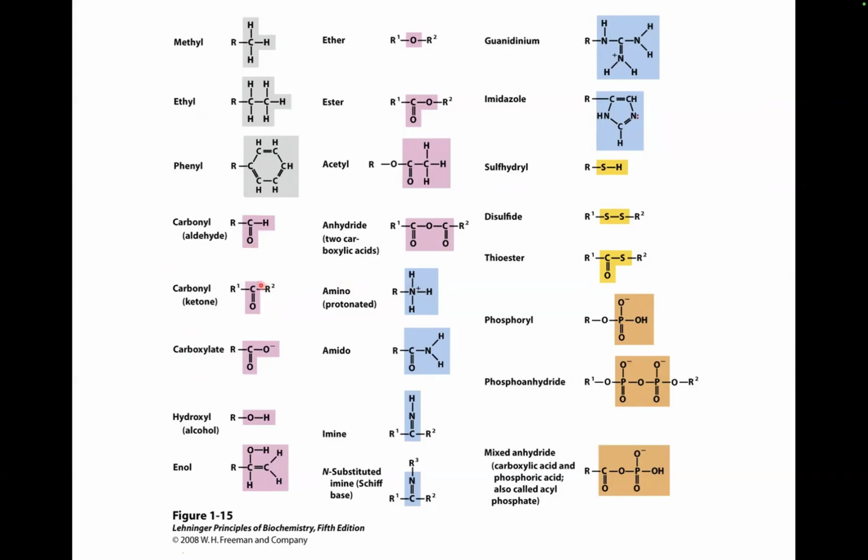Phenyl group, we'll see particularly in the amino acids like phenylalanine and tyrosine. An ester, we'll see some of these esters, a thioester in particular.